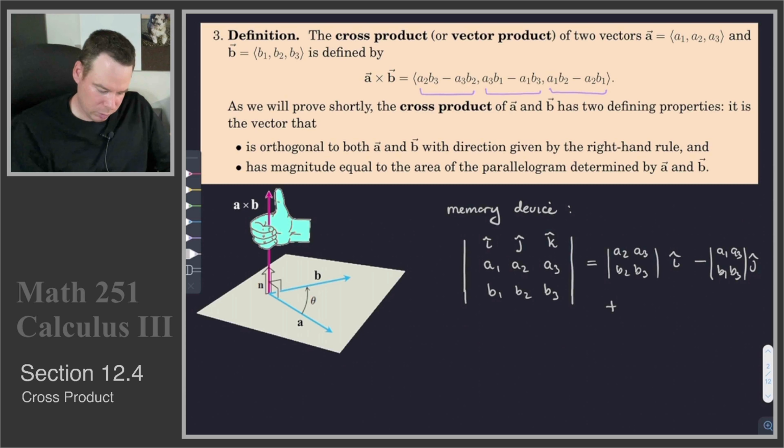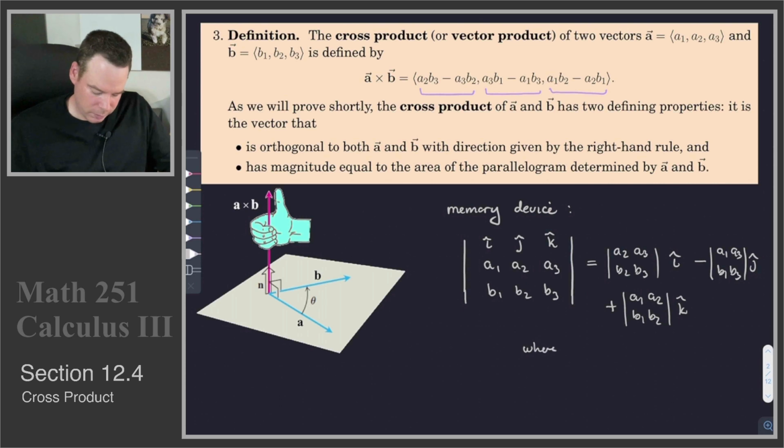and then added to that a similar thing with this last component, k hat. So we remove that row and that column, compute the determinant of that, and multiply it by k hat. So that would be a1, a2, b1, b2, k hat.